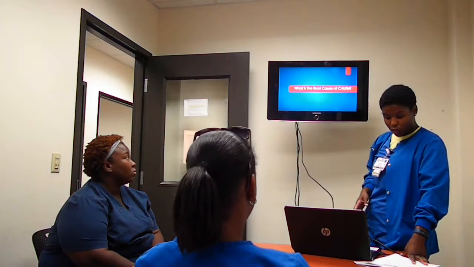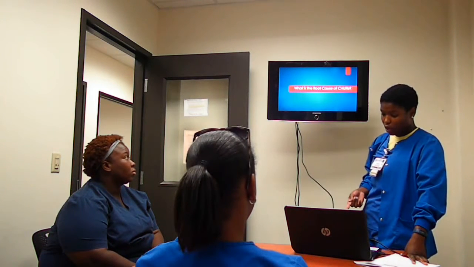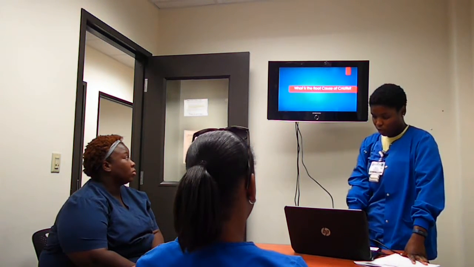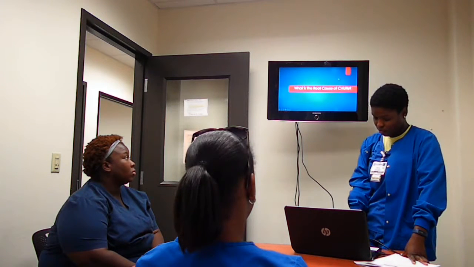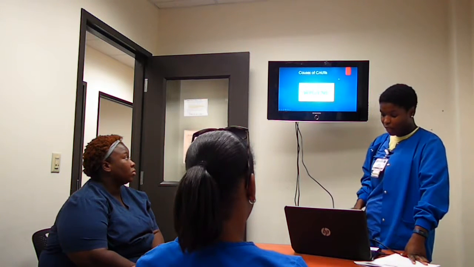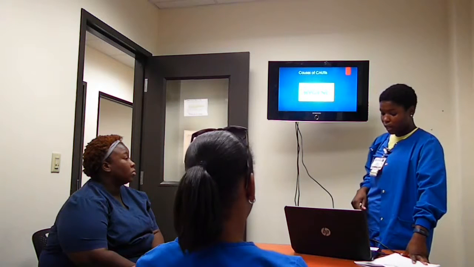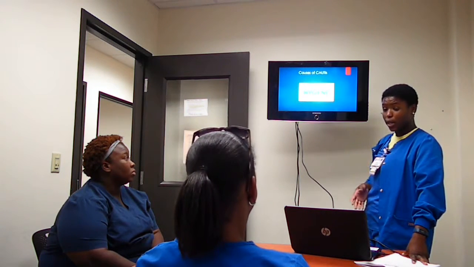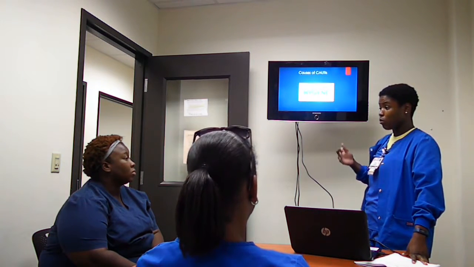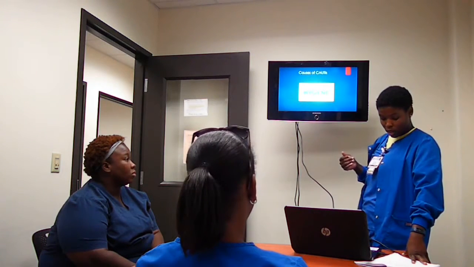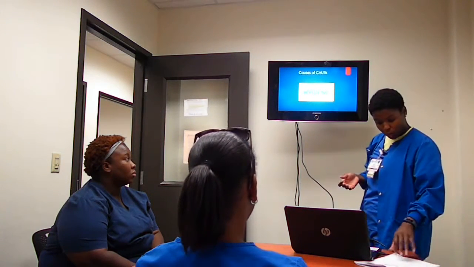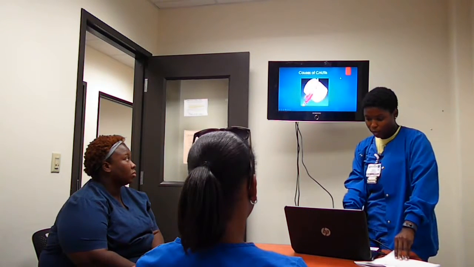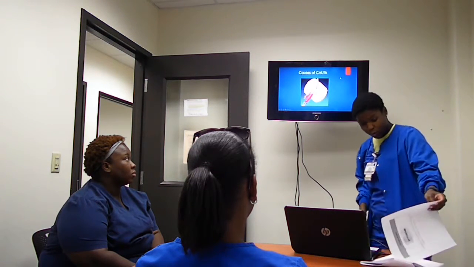We're just going to go over some root causes of catheter-associated urinary tract infections. So hand hygiene. Proper hand hygiene is a must, because if you don't follow proper hand hygiene, you risk introducing bacteria into the patient. Next we have the StatLock.